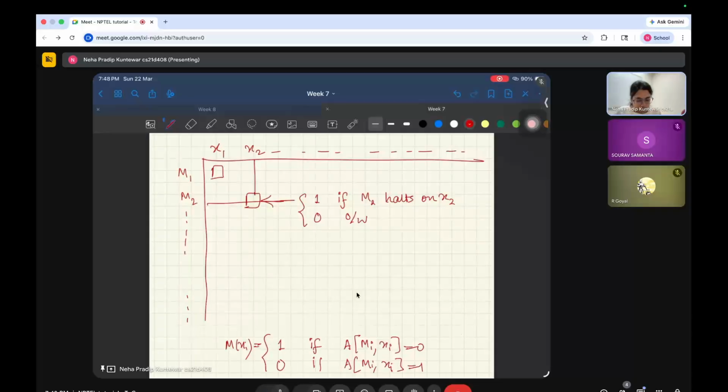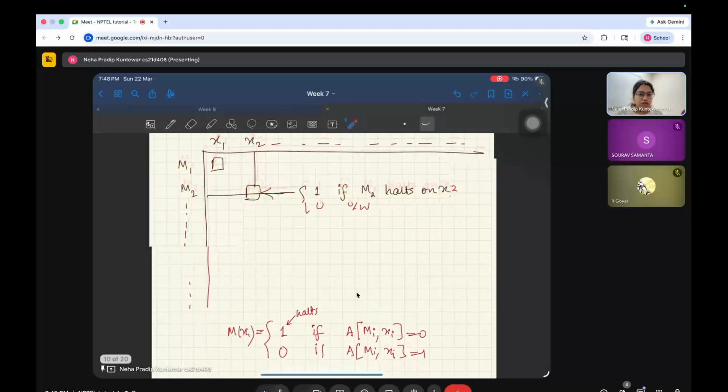By 1 we mean it's going to halt. So we are looking at input xi, you look at the behavior of the corresponding machine and look at this entry. If it was 0, that means that machine does not halt on xi, so you want your machine to halt. If that machine did halt on xi, then you don't want your machine to halt.